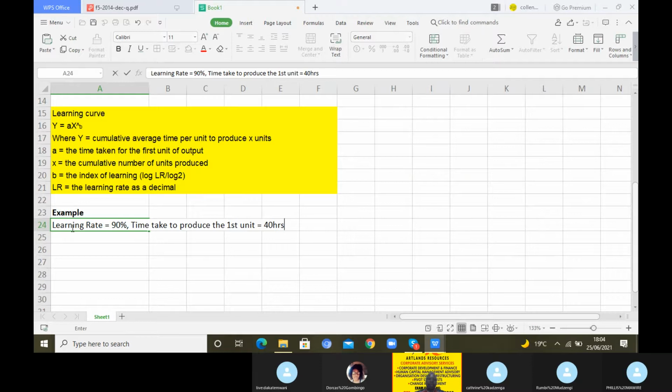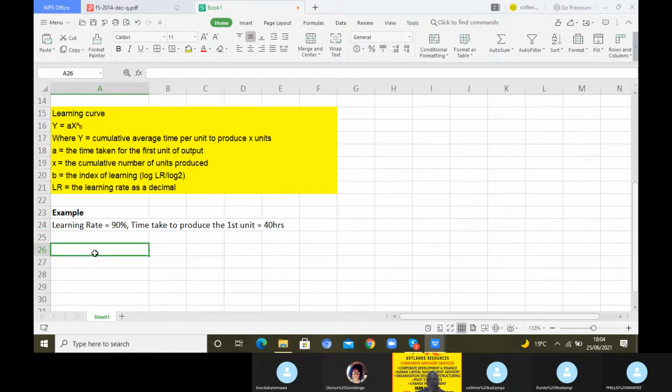Suppose this is whatever you're producing. The first unit needs 40 hours. That's your a there. So let us have a tabular presentation which says cumulative production.